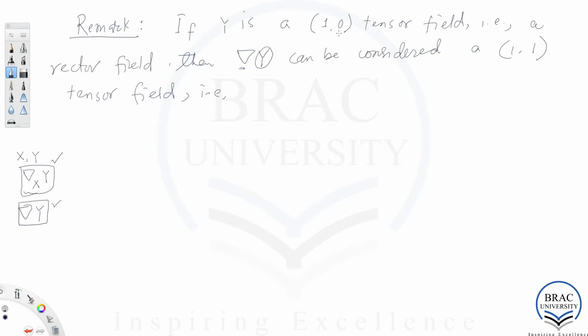So it increases the covariant index of the tensor field by 1. From that point of view, it's called covariant derivative because it increases the covariant index by 1. That is, nabla increases the covariant index by 1 in the following way.